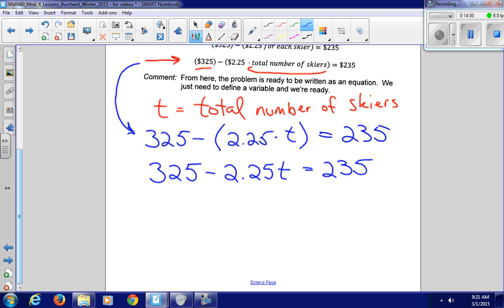Now what I notice when people work these word problems is this is the hard part for them. A lot of you actually do fine with figuring out the mathematical relationship. What you have trouble with is putting it in equation form. And we've talked about this in class, and people say, well, if I can see the mathematical relationship, why do I need to put it in equation form?